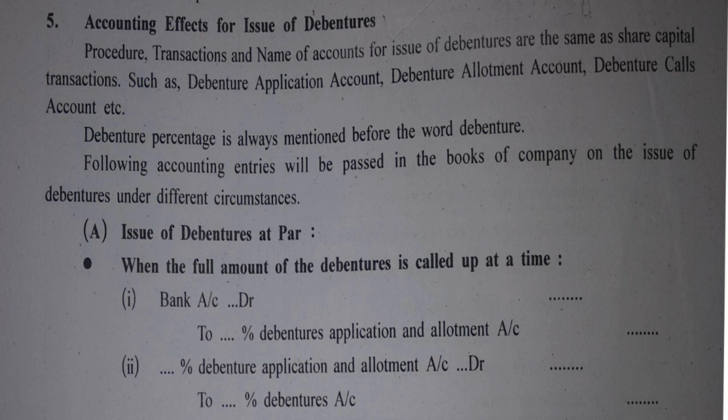These two: Bank account debit to debentures application and allotment account, and debenture application and allotment account debit to debentures account. These journal entries are to be written when the entire amount of debentures is called up at a time.